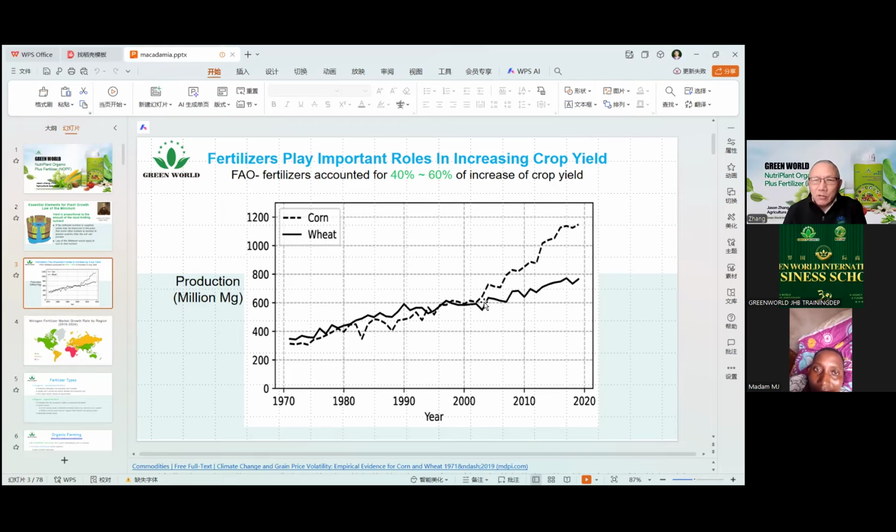So fertilizer in the general sense has a huge market and potential. It doesn't matter what kind of fertilizer you're talking about, you have a lot of potential and a lot of market.